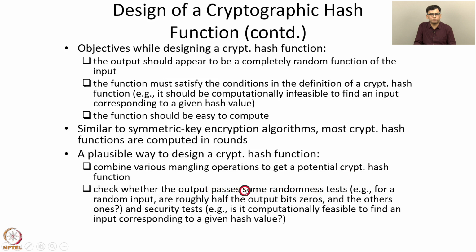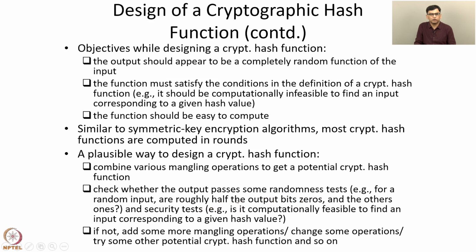And we check whether the output passes some security tests. For example, is it computationally feasible to find an input corresponding to a given hash value? If this function does not pass these randomness tests or security tests, then we add some more mangling operations, or change some operations, or try some other potential cryptographic hash function. And we keep on repeating this process.